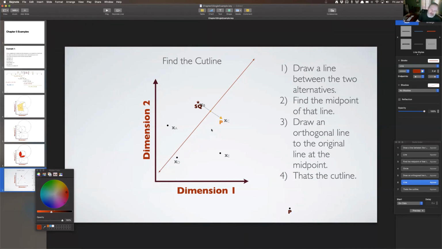Rarely is there going to be unanimity. Sometimes there is. Everybody on one side of the cut line, right? Propose it, it passes, and then that becomes the status quo. Next round, what is XC going to propose, right?